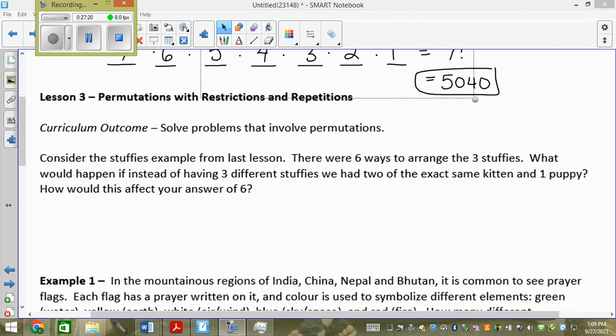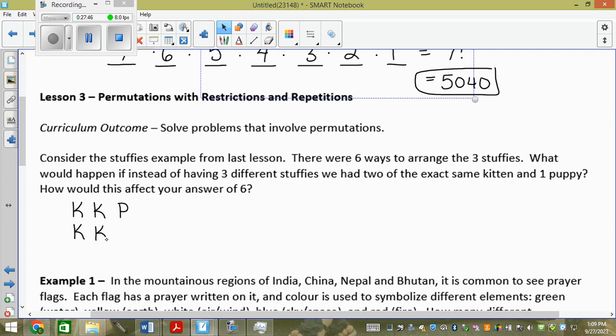So let's look here. Consider the stuffy example from the last lesson. There were 6 ways to arrange the stuffies. What would happen if instead of 3 different stuffies, we had 2 of the exact same kitten and 1 puppy? How would this affect your answer of 6? So I go kitten, kitten, puppy, right? Okay, now I swap the kittens.